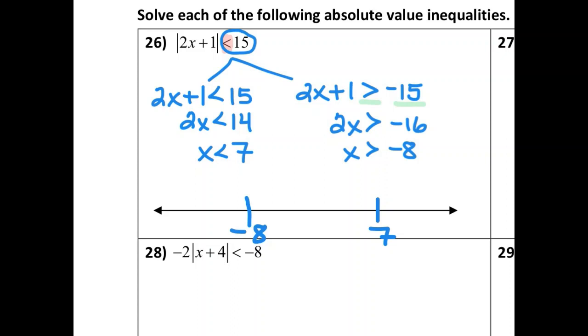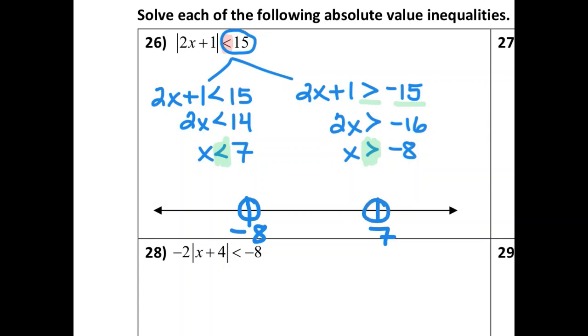Both inequalities that are part of your answer are strictly less than or greater than. They don't have that little part of an equal sign there. And so you're going to use an open circle both at negative 8 and at positive 7.